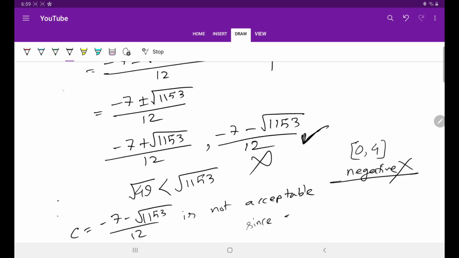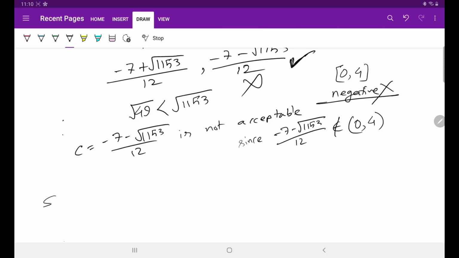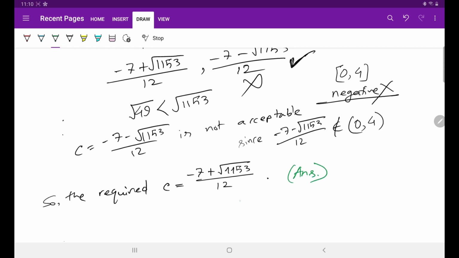Since minus 7 minus root 1153 over 12 does not belong to the domain 0 to 4, right? So the required c is equal to minus 7 plus root 1153 divided by 12, and this is our answer.